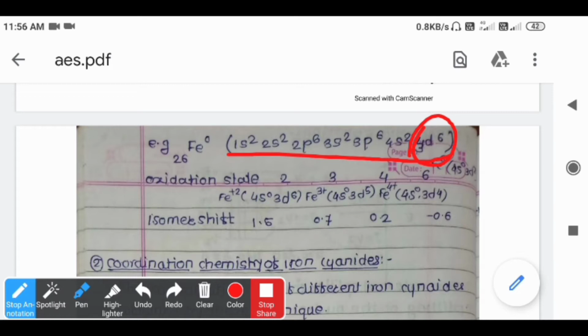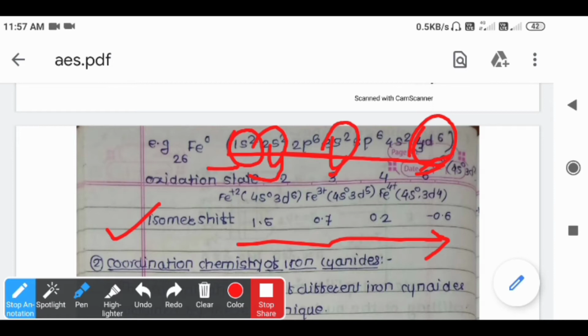The inner core s electrons remain constant, at 2s2 or 3s2. Once the d electrons are removed from the outer shell, the inner s electrons, which are closer to the nucleus, have an increased density around the nucleus, and in turn the isomer shift decreases.